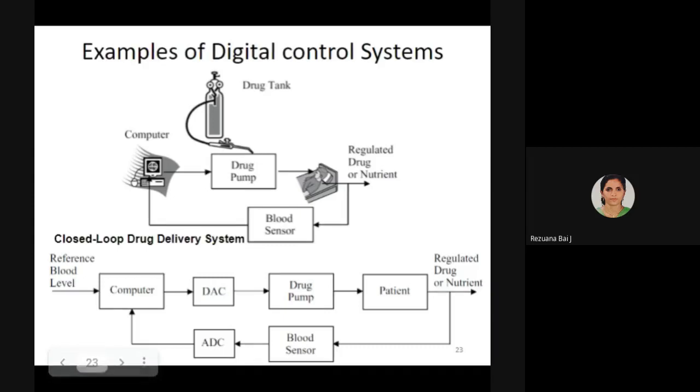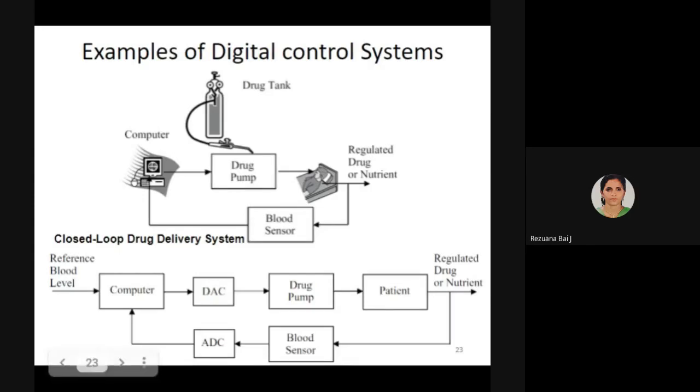The most prominent of these diseases is diabetes, where the production of the hormone insulin that controls the blood glucose level is deficient. So here the blood sensor is sensing the sugar level of the blood, that is, the blood glucose level.